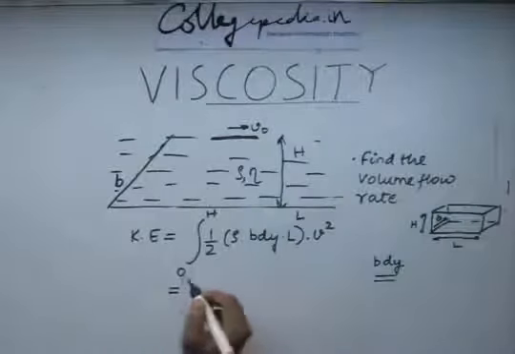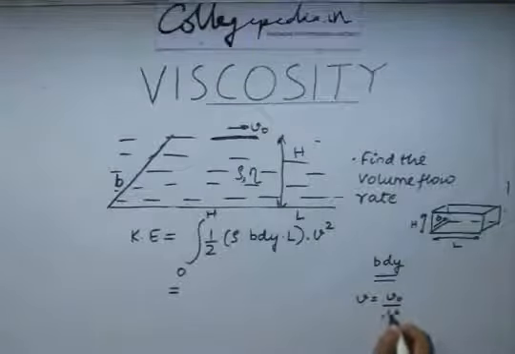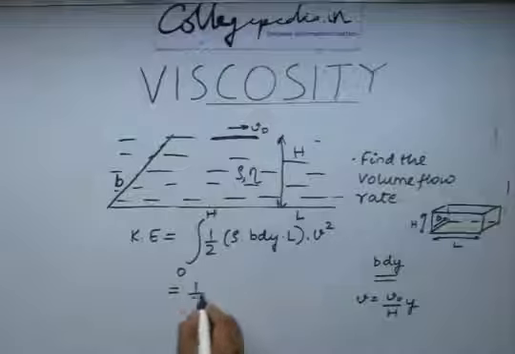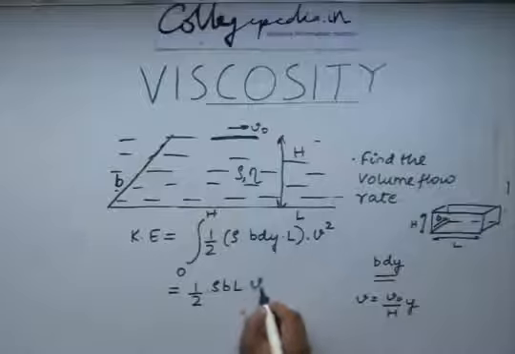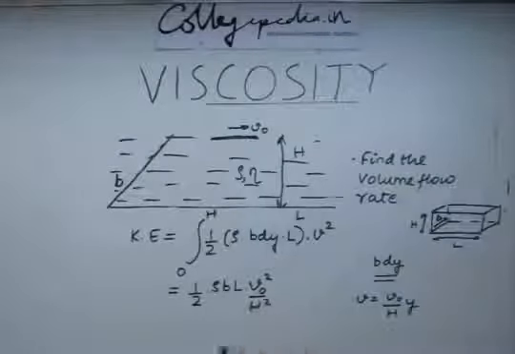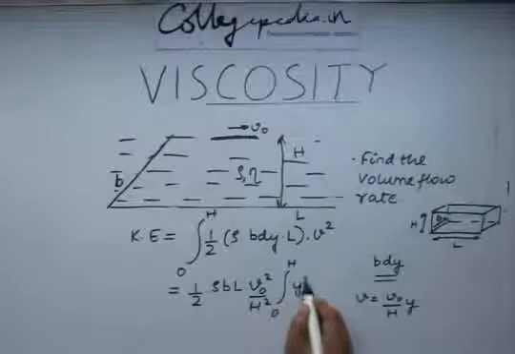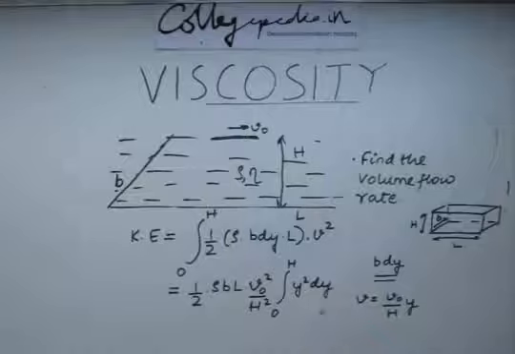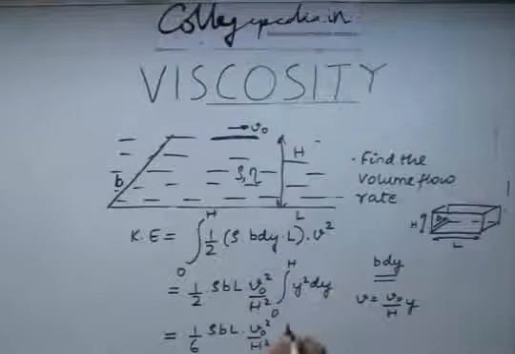So if you take the constants outside and replace v with v naught by h times y, we have half rho b L into the constant v naught square by h square, integrated from 0 to h of y square dy. This further solved gives us 1 by 2 rho b L into v naught square by h square into h cube by 3.